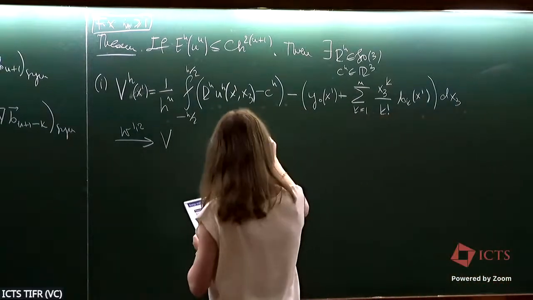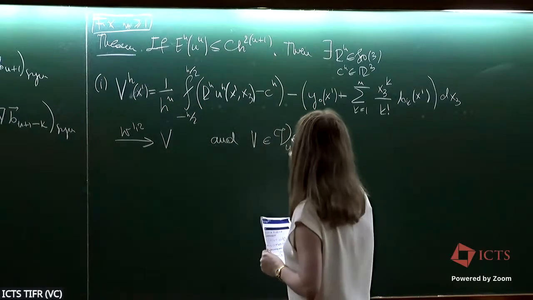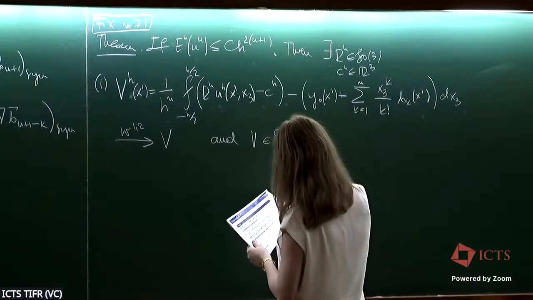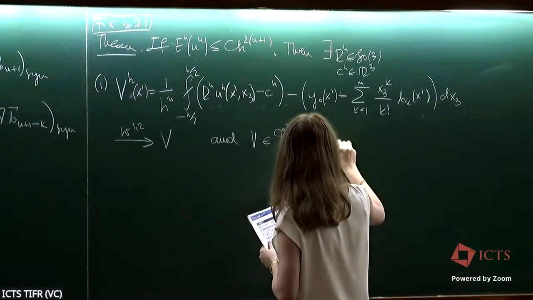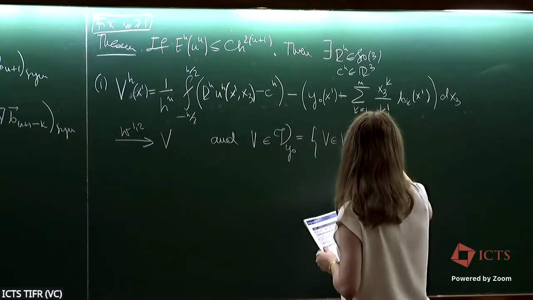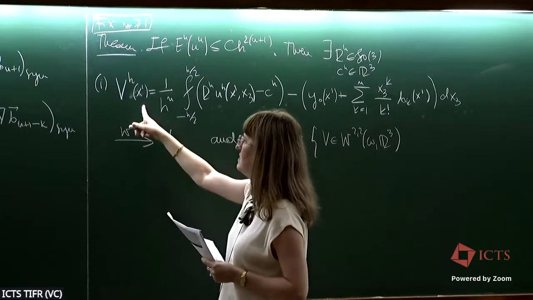So this V belongs to the space curly V sub y0, which is defined as the collection of V's in W22 from omega to R3. So again, this limiting displacement is of higher regularity than the original one.